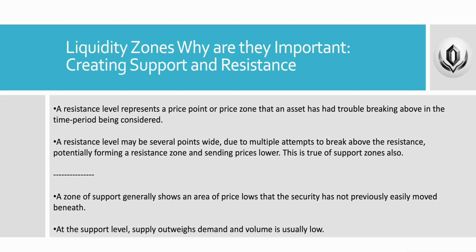If 90% of people say price is going to react at this support level, and then everyone behaves as if that were true, the act of everyone behaving causes it to be true. And that is how the market behaves a lot of the time. Everything is self-fulfilling because we all have the same information and we're all acting as if that information is completely true. So that's just something to keep in mind because it holds true for a lot of concepts.